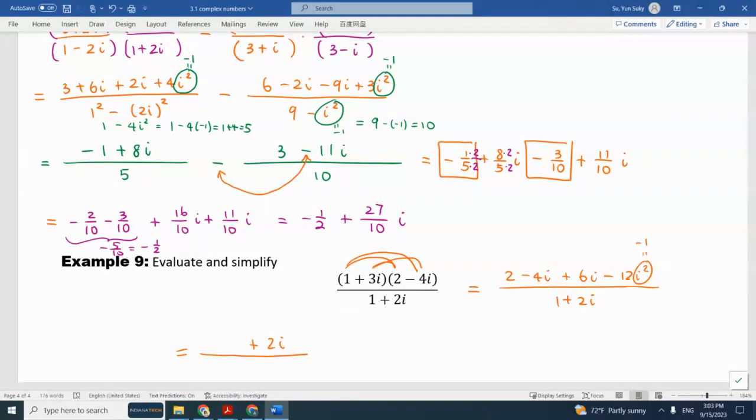Yeah, very good. It's 2, and then minus 12 times minus 1 becomes positive 12. Right, everybody? So we get 14. Good.